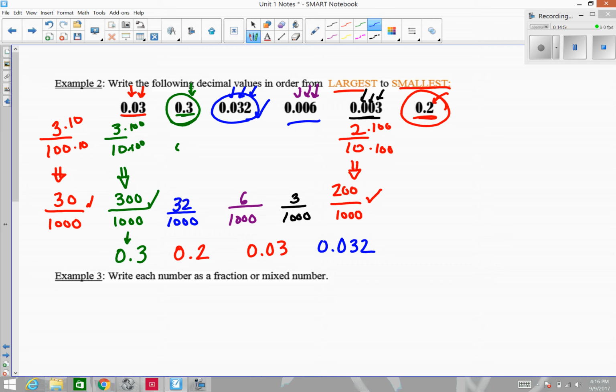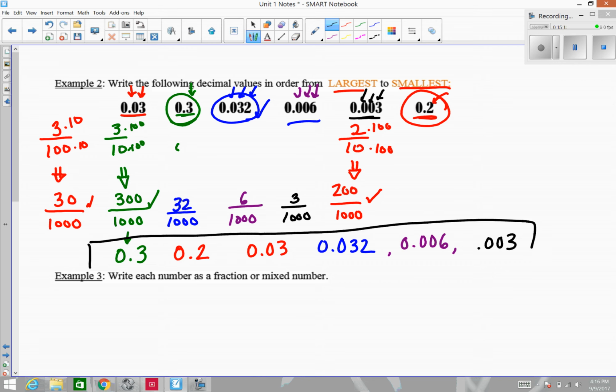That is our 0.006. So we want to write that one next, followed by our last one, which was the 0.003. So now we have these numbers in order from greatest to least.